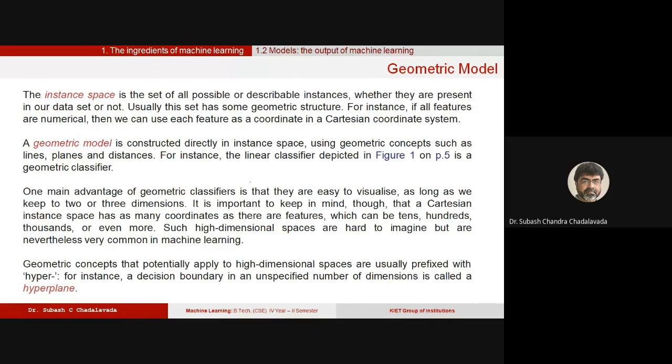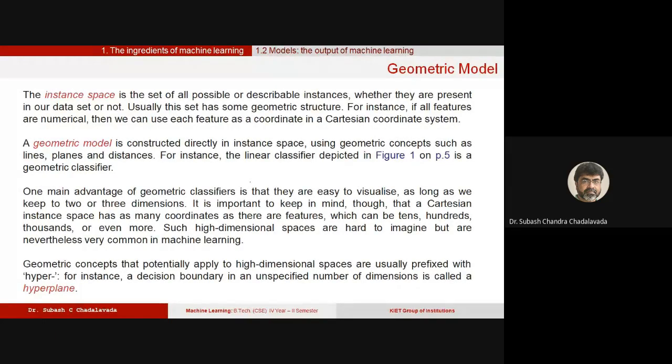But that easiness is there if the dimension of your instance is 2D or 3D, two-dimensional or three-dimensional. But in real time, most of your data will be multi-dimensional, or you can say it's a high-dimensional space. It's not a 2D space or a 3D space. It's a high-dimensional space because most of the real-time data have features or coordinates which run into tens, hundreds, thousands, and even more.